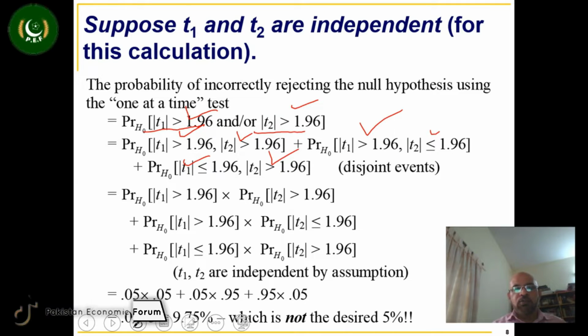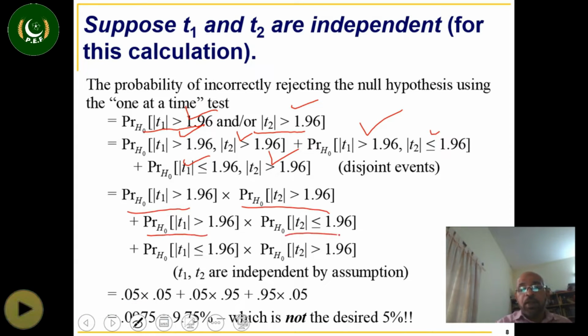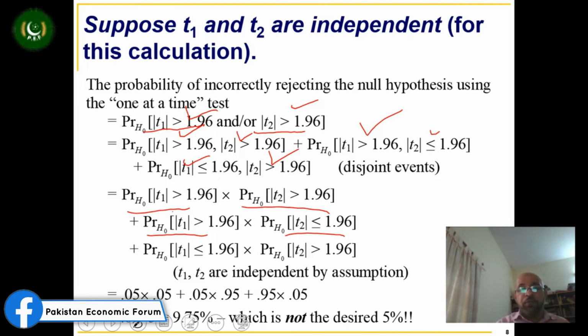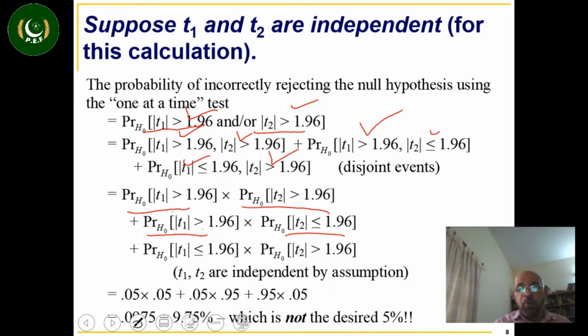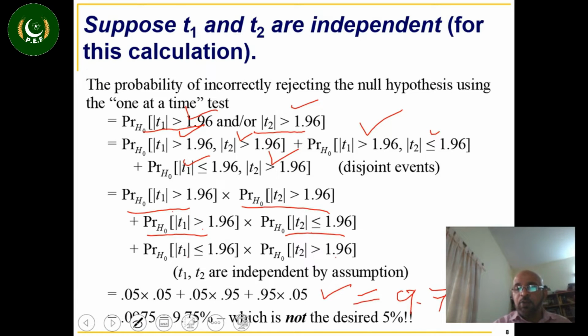These are disjoint events, and these are independent, so therefore you can multiply each. The probability of getting more than 1.96 is 0.05, and less is 0.95. So 0.05 times 0.95, plus 0.95 times 0.05, plus 0.05 times 0.05, and when you add it up, this comes out to be 9.75% level of significance.